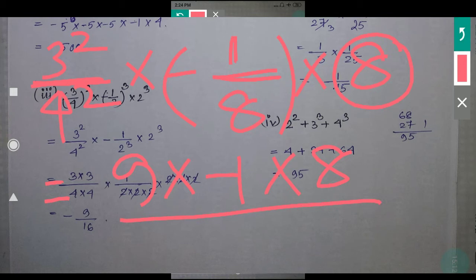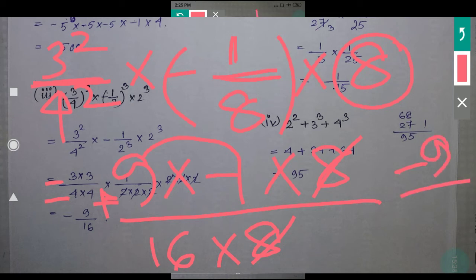And in the denominator, what is there? 4 square. 4 square means 16 into 8. This 8 gets cancelled. So your answer will be 9 into 1, 9, plus, here plus is there, plus into minus, minus. So that means minus 9 by how much? 16.